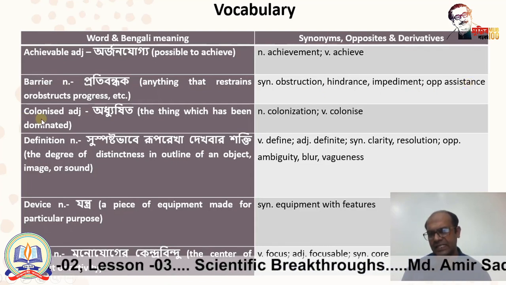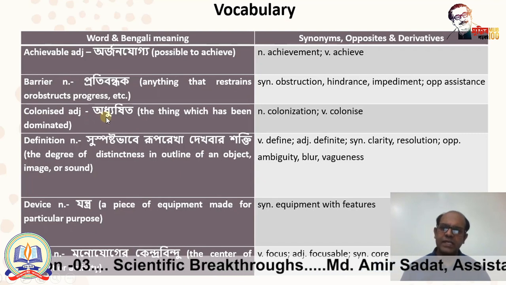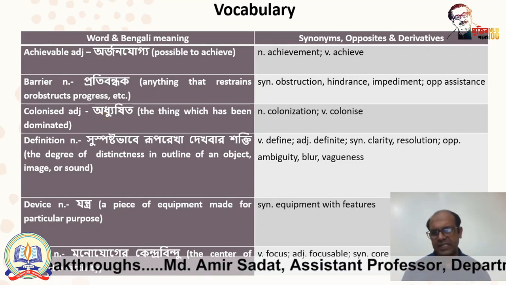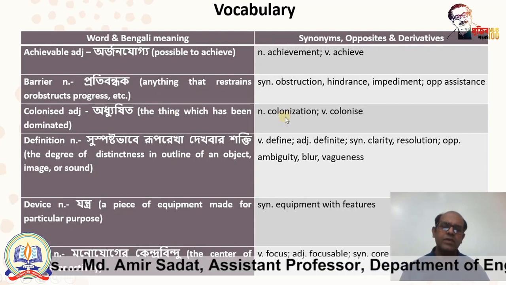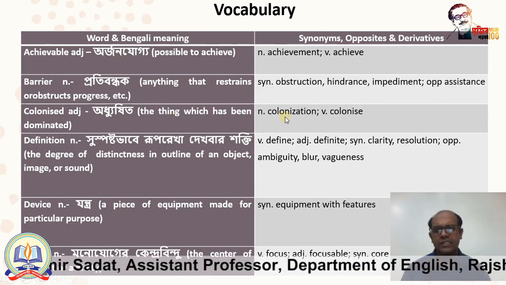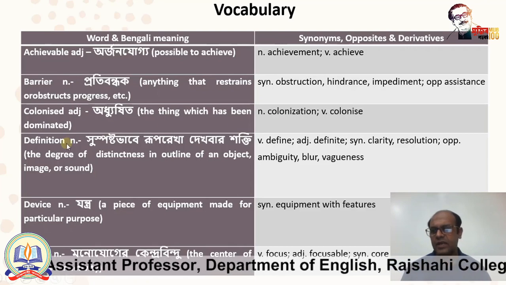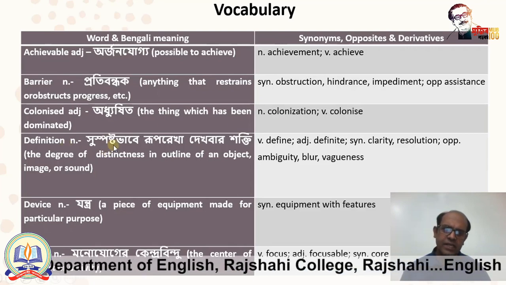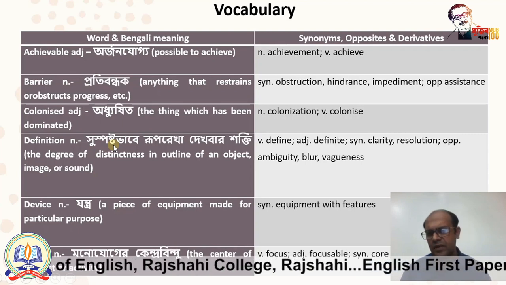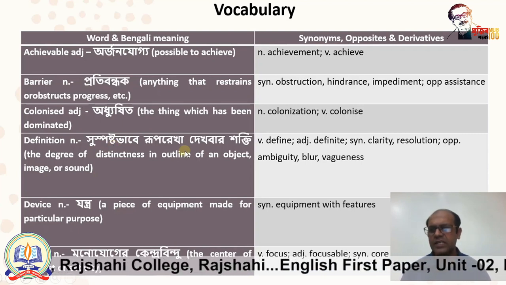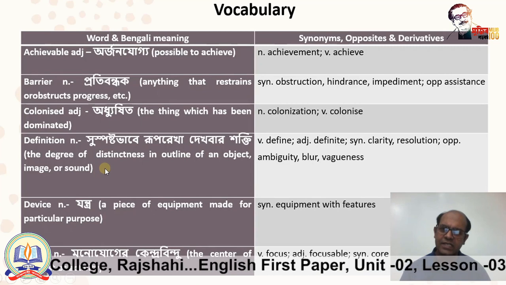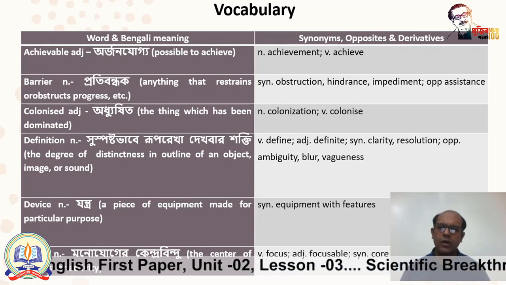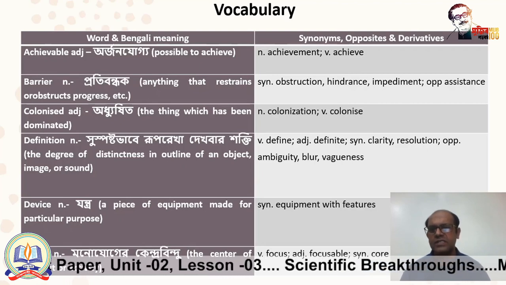Colonized is an adjective, and its Bengali meaning is odhushito, the thing which has been dominated. And its noun is colonization, and its verb is colonize. And definition is a noun. Its Bengali meaning is sushposhto bhabe ruporekha dekhbar shakti. Its English meaning is the degree of distinctness in outline of an object, image, or sound.